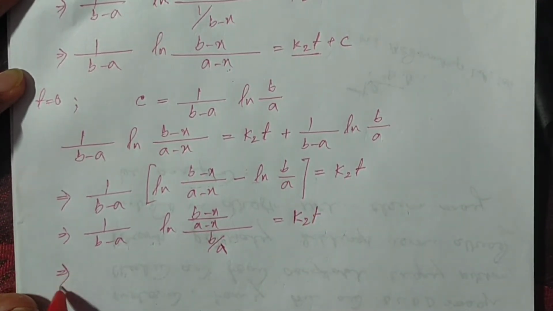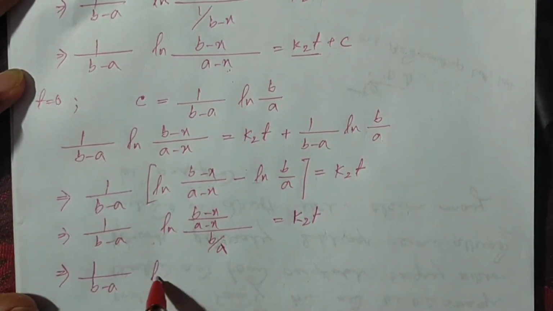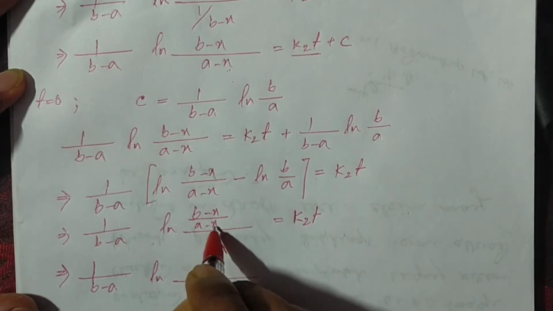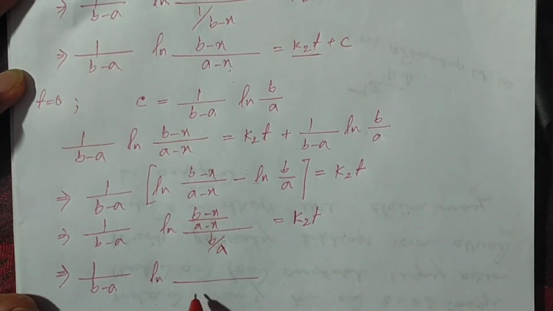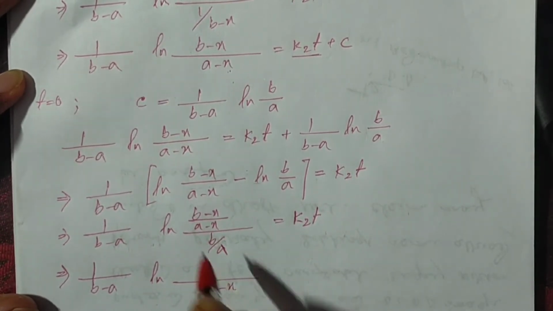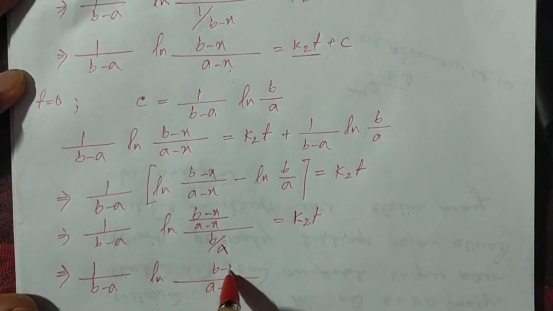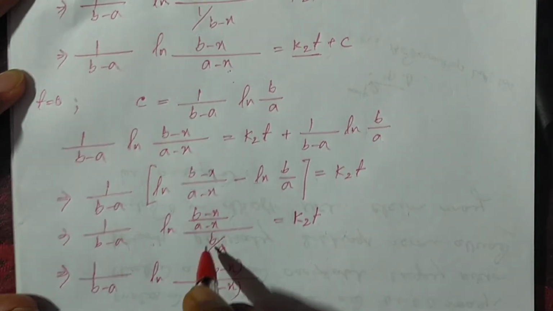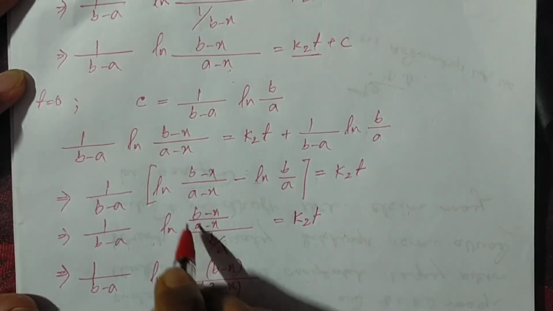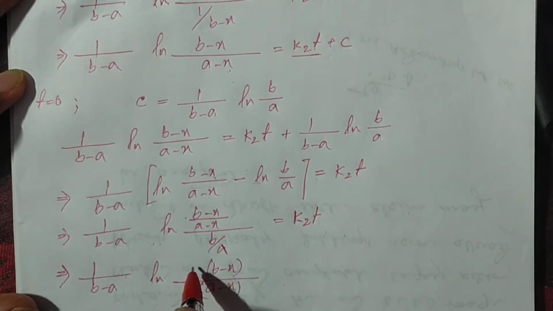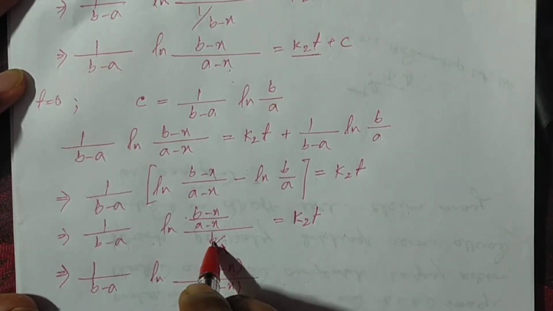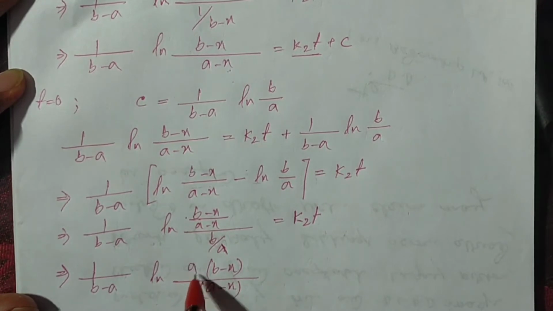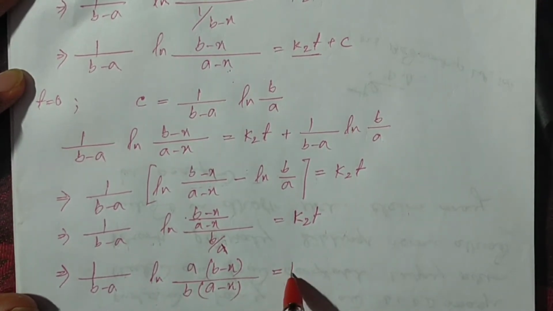So we can write 1 by (b minus a) ln, here a minus x will come here, no, sorry, the b will be here and a will come here: a(b minus x) by b(a minus x) is equal to k2t.